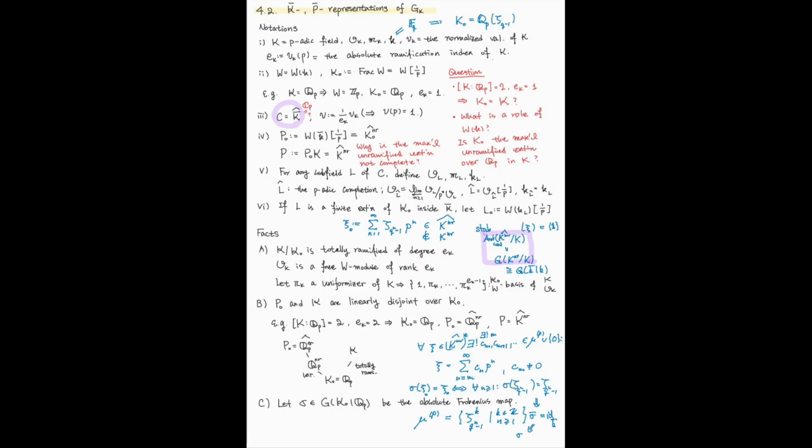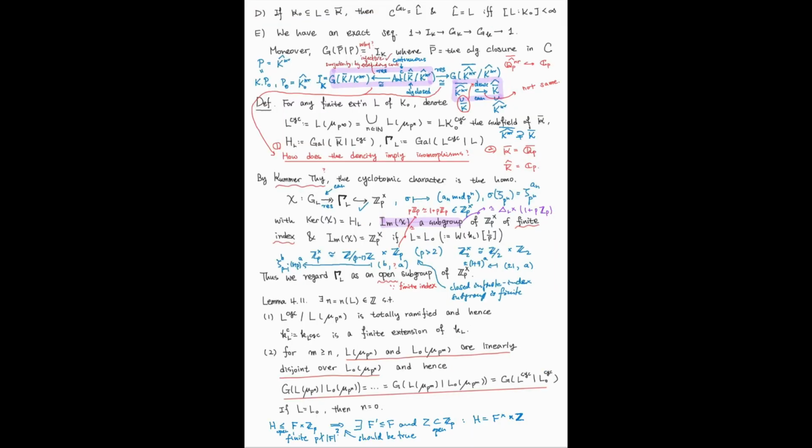And let sigma be the absolute Frobenius map on K0. Then if L is between K0 and K hat, then C invariant under G_L is equal to L hat.